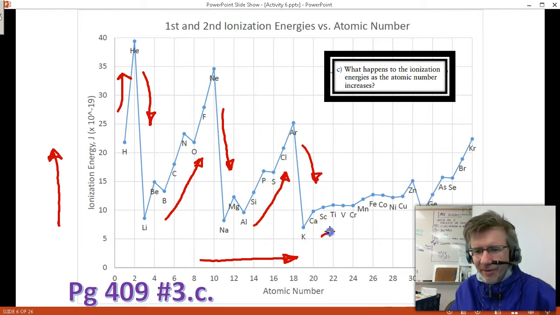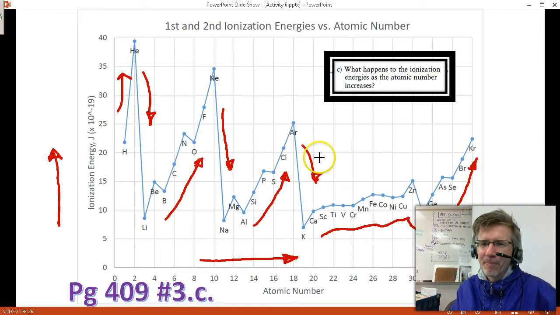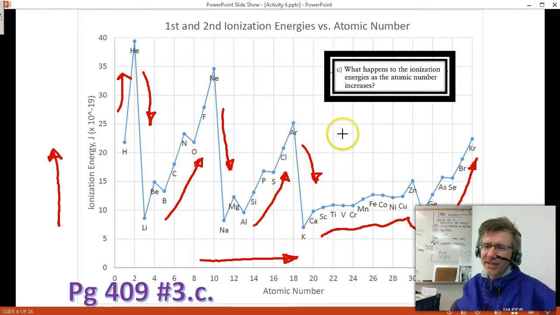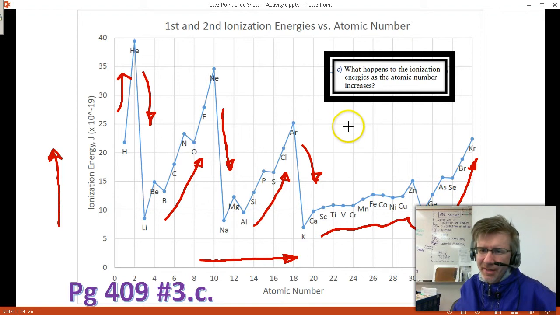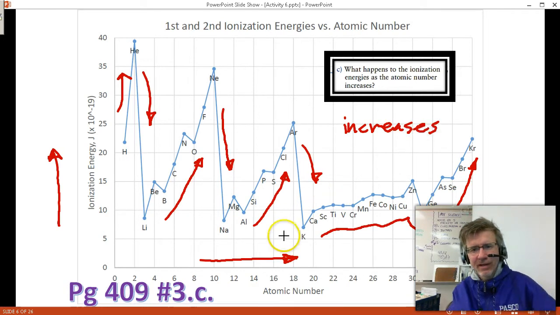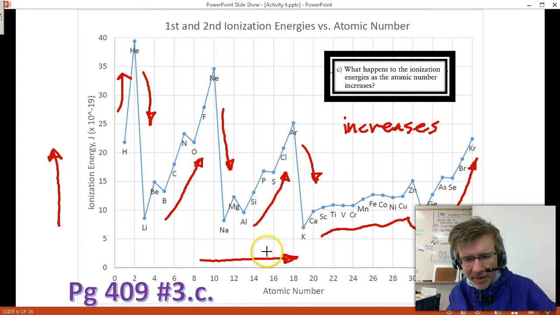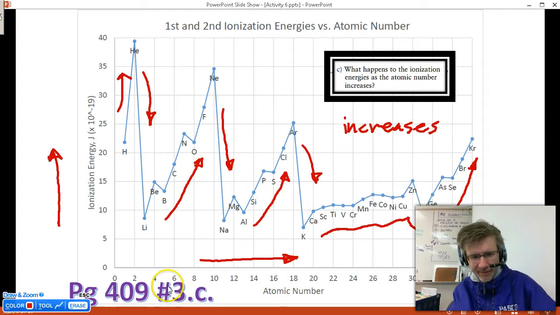And then from potassium over here to zinc, a little hiccup, but then another kind of increase as you go from gallium to krypton. So that's what we could say: ionization energy generally increases as you increase in atomic number. We'll talk about the other exceptions to that in just a second.